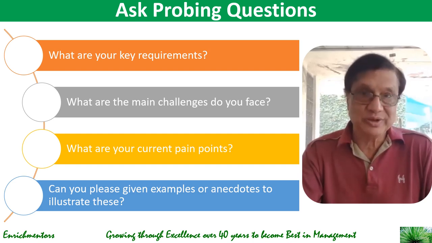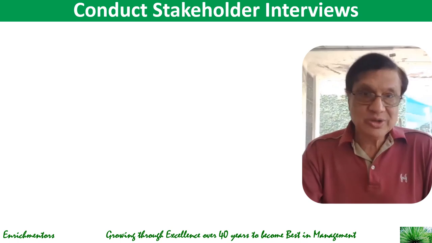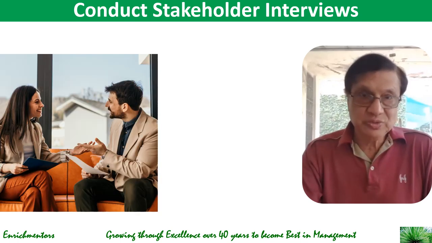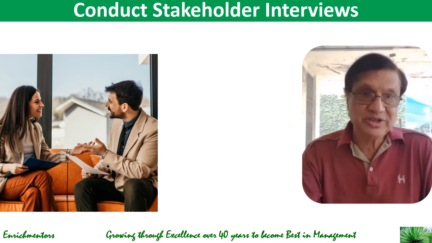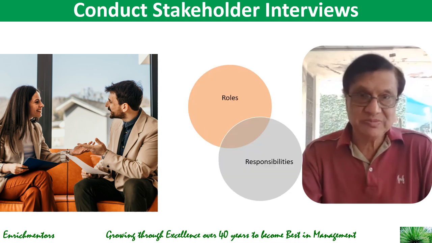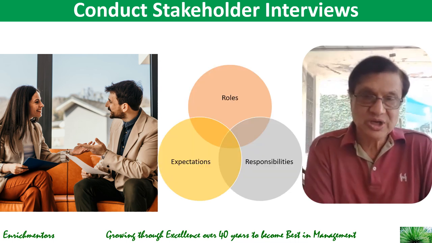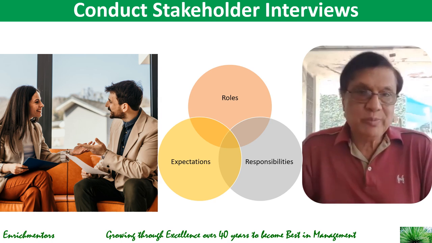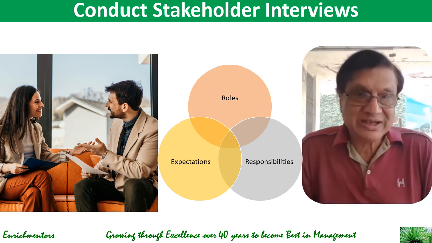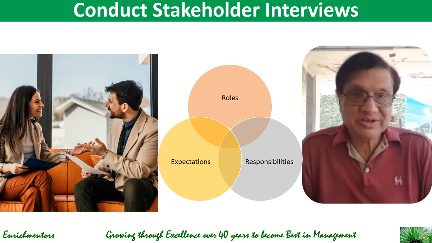Conduct stakeholder interviews, one-on-one interviews with key stakeholders, to gather information about three things: roles, responsibilities, and expectations of the AI project. Roles and responsibilities will give pointers to what could impact them and what they could be interested in.